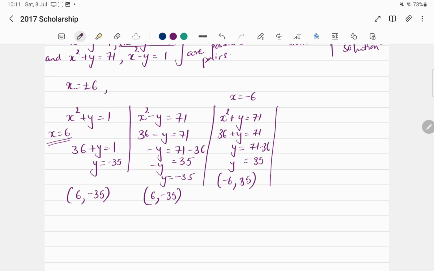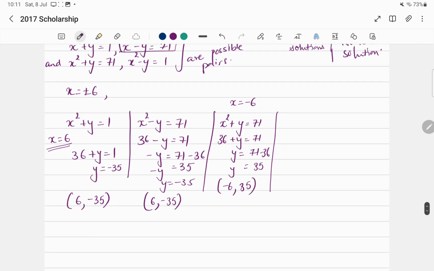And the last one is x squared minus y equals 1. That gives 36, because x is again minus 6 and minus 6 squared is 36. Minus y equals 1 gives minus y equals minus 35, so y equals 35. So minus 6 and 35, giving us the same solutions.